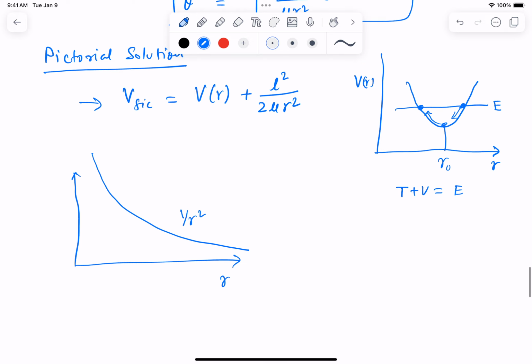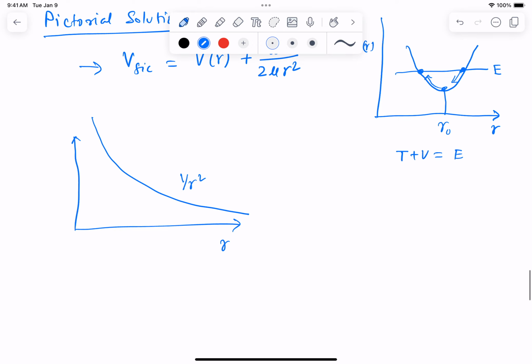Now, we have an additional term V of R, and let's choose V of R as something that we are more familiar with, that we want to work with. Let's choose V of R as gravitational potential, for example.